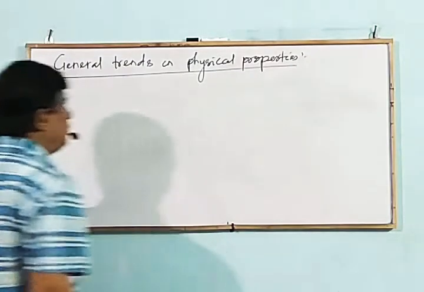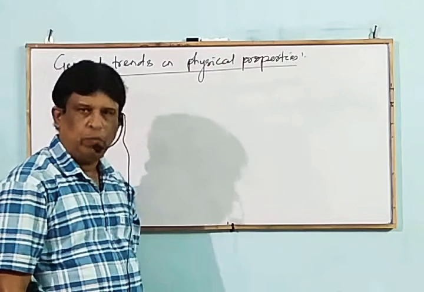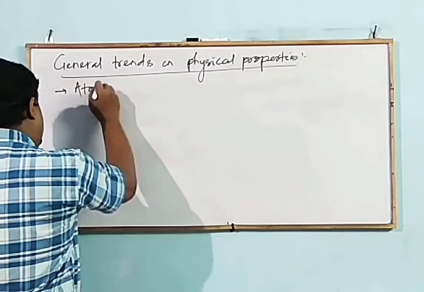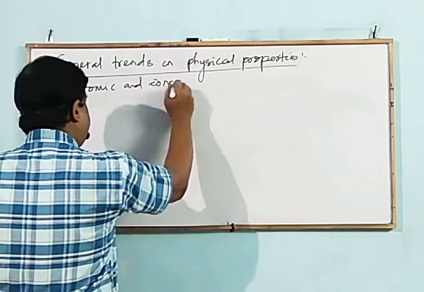Under this heading, I will try to discuss the following points. That is, point 1, atomic and ionic radii.